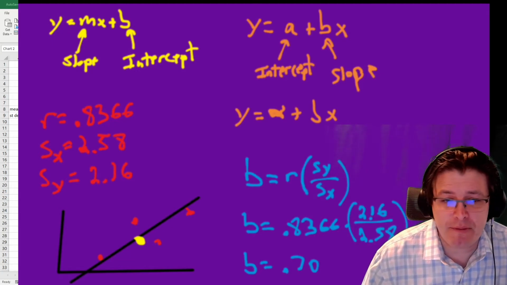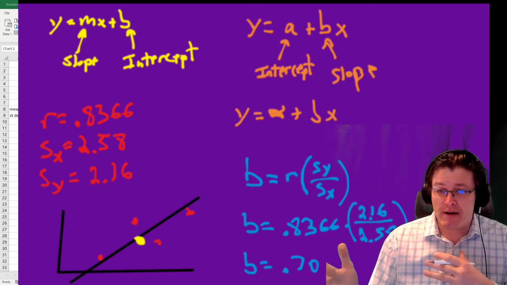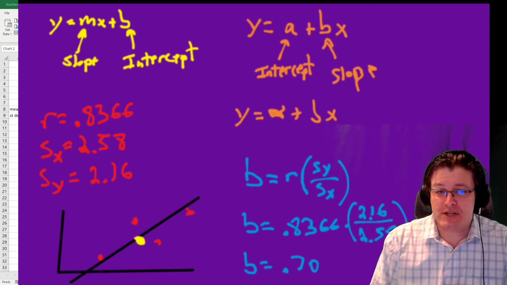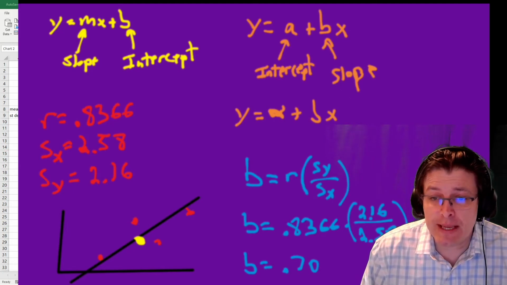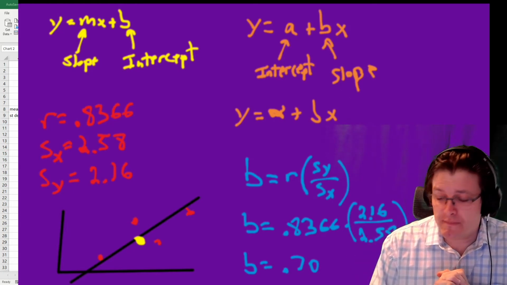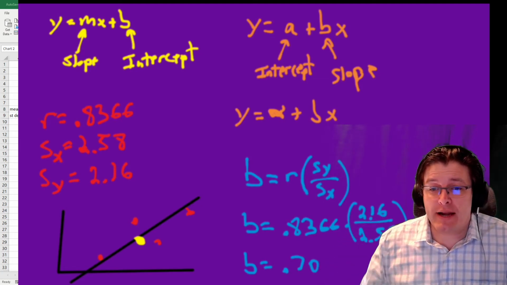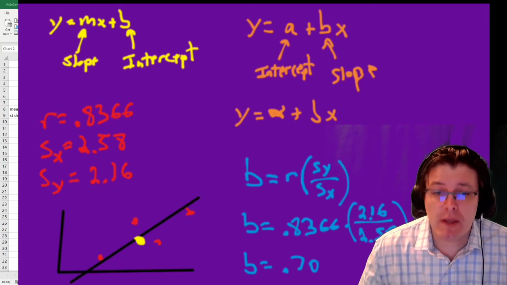Remember, we plotted that before as a way to talk about values, whether they were both above or both below or opposite of each other in terms of deviations from the mean. Well, the best fit line is always going to run through that mean value. And so that's incredibly helpful when we're trying to figure out what the intercept is. Why is that?